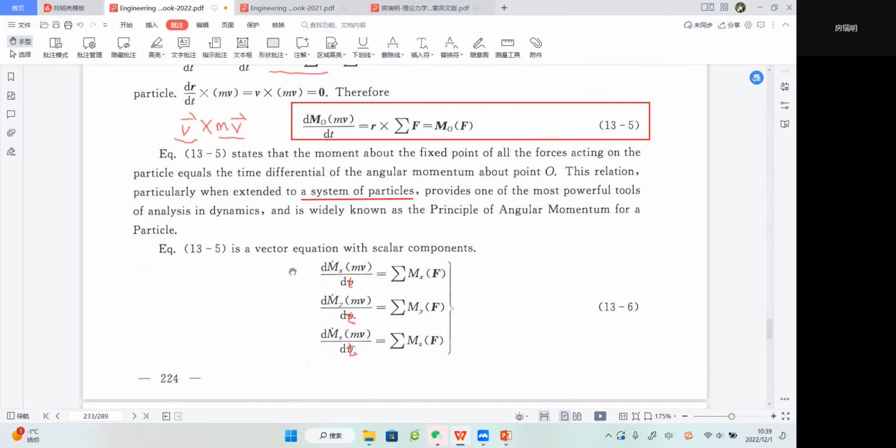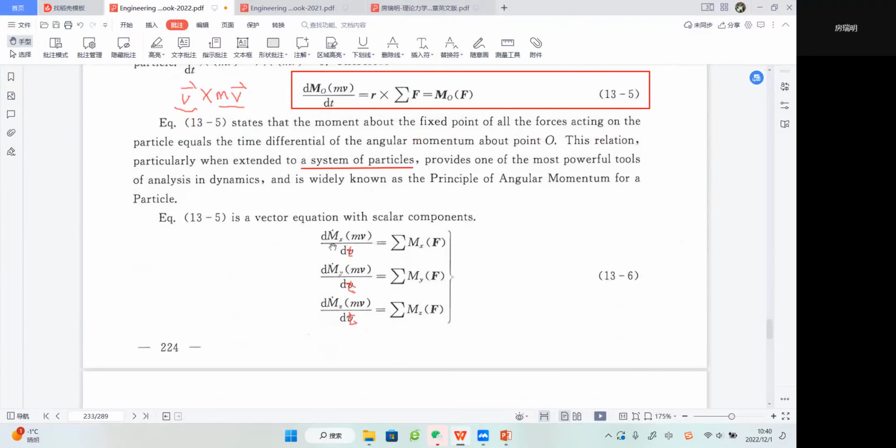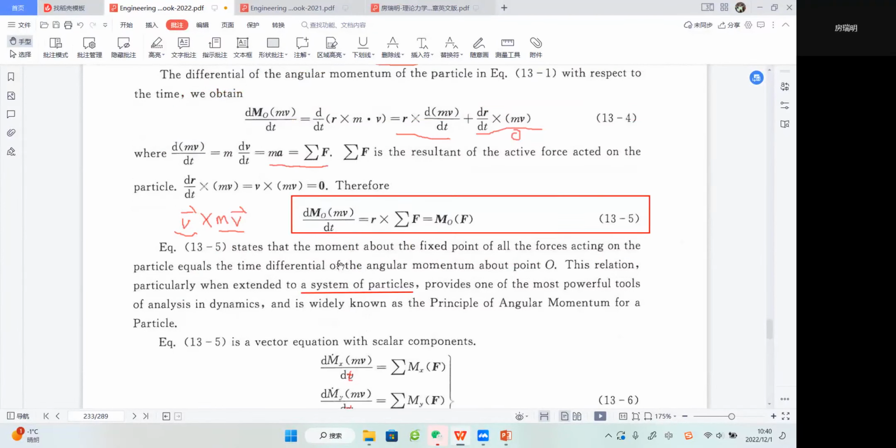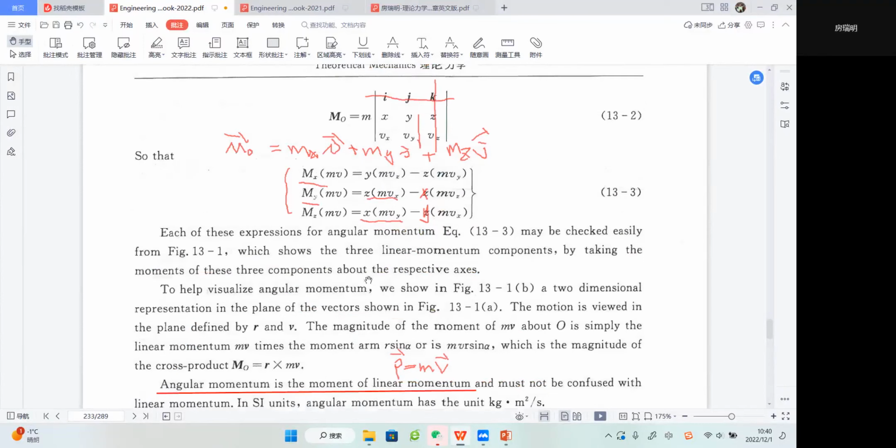Then we will have three scalar components, just like what we learned in the principle of momentum in chapter 12, right? So once again, you should turn to your textbook, page 224. There are some printing errors here and here.